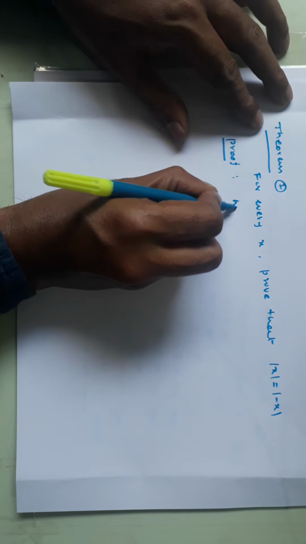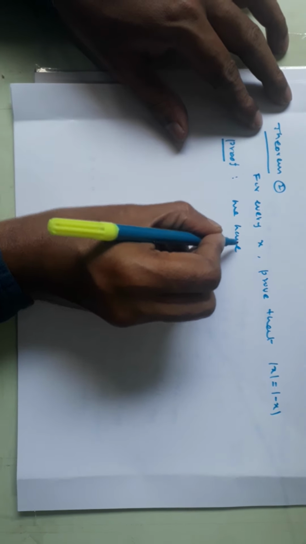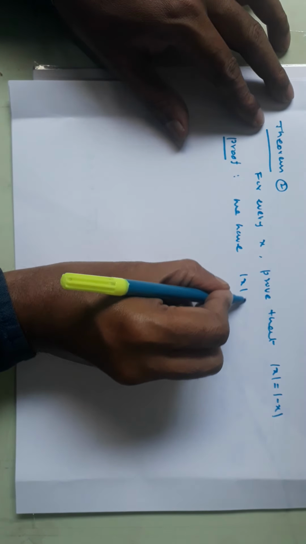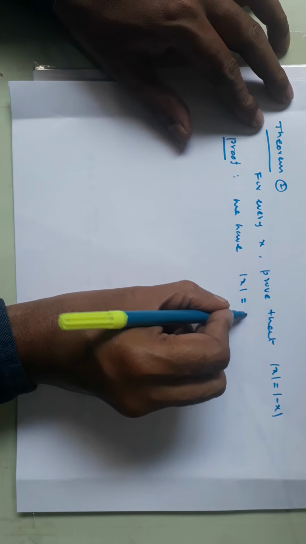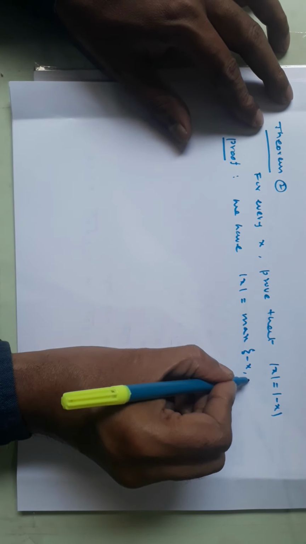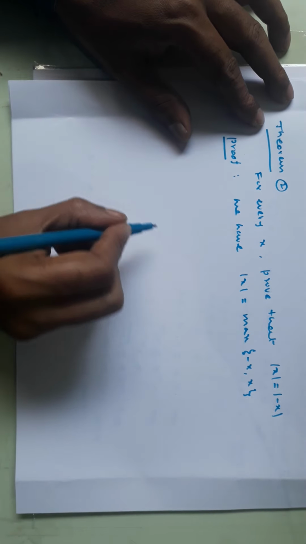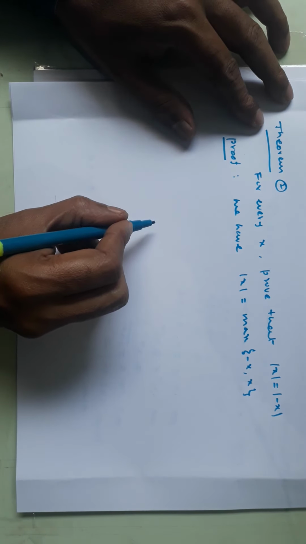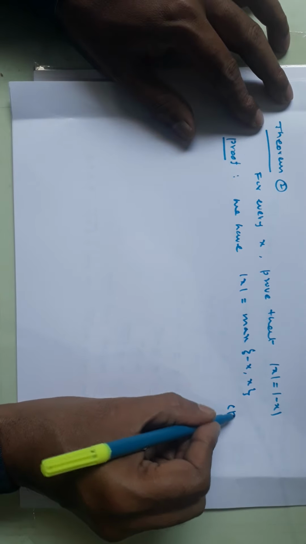We have mod x is equal to maximum of minus x comma x. This is the property for us. Property 1, of course.